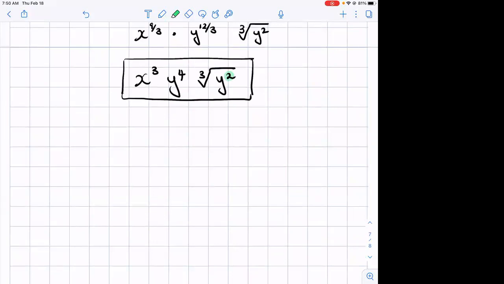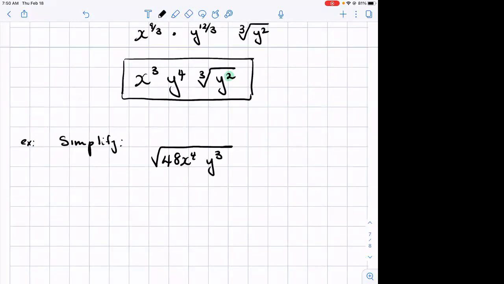Now, how about if we mixed it up now? Example, simplify. How about if I give you the square root of 48 x to the 4th y cubed?